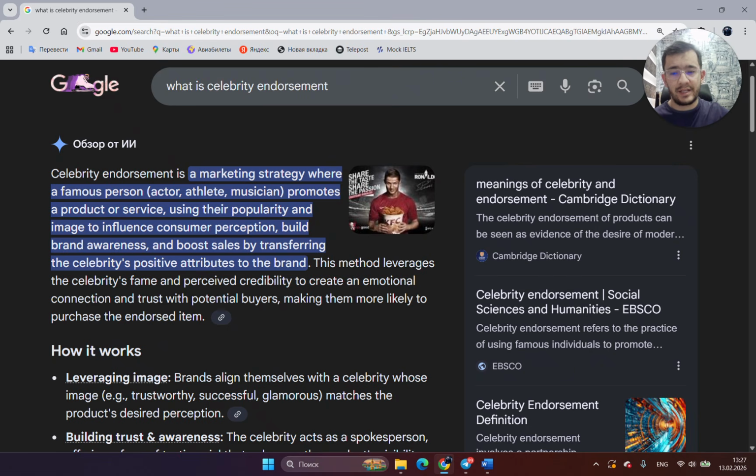Celebrity endorsement is a marketing strategy where a famous person, actor, athlete, musician promotes a product or a service using their popularity and image to influence consumer perception, build brand awareness, and boost sales by transferring the celebrity's positive attributes to their brand. The thing is, does it always work?